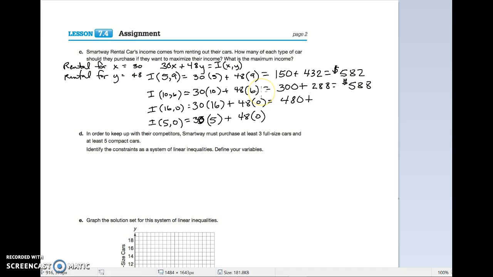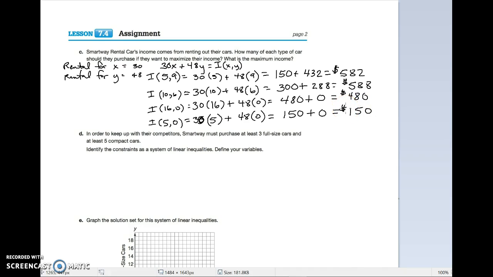Plus 48 times 0, meaning we don't have any full-size cars. That gives us 480. And then our last one is 30 times 5, which would be 150, plus 48 times 0 is $150.